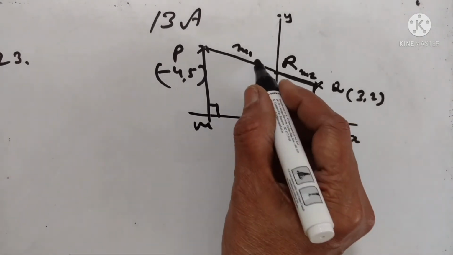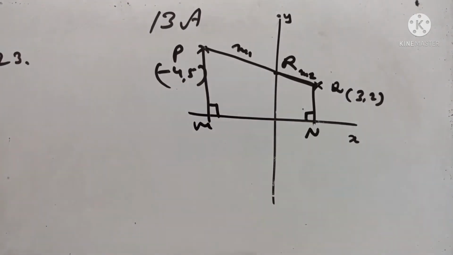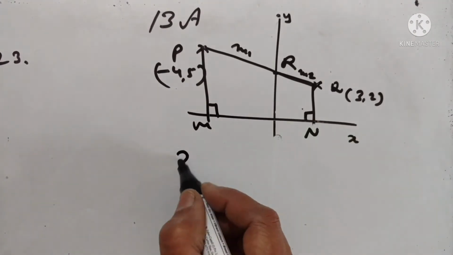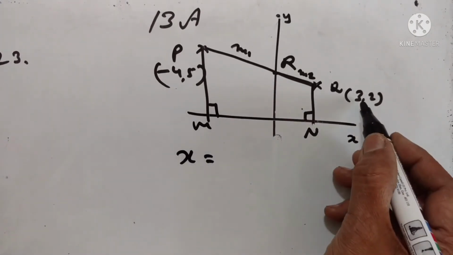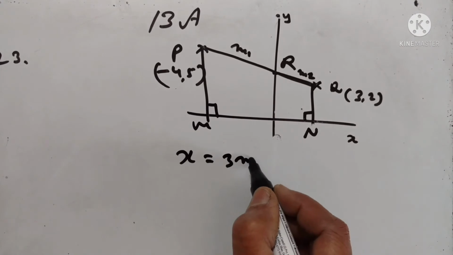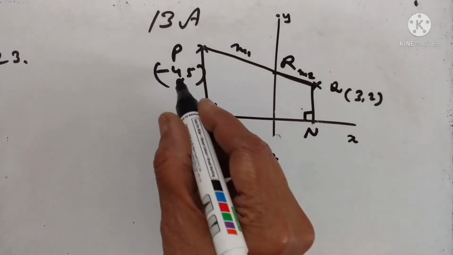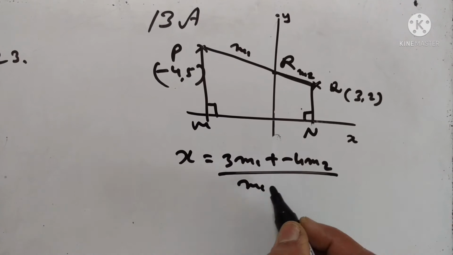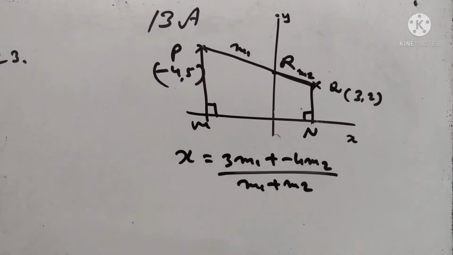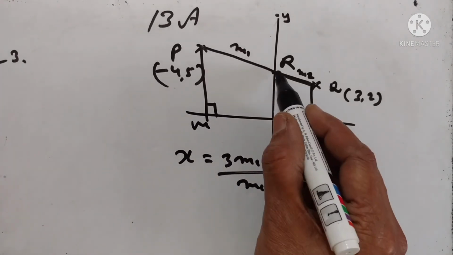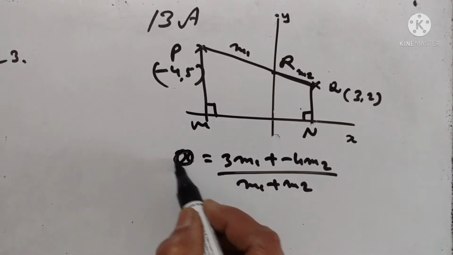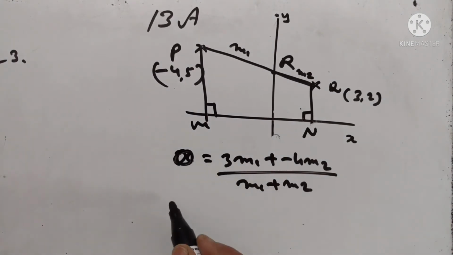First let us find M1 is to M2. X is equal to (M1 into X2 plus M2 into X1) upon (M1 plus M2). Here x is 0, so 0 into (M1 plus M2) is equal to 0.